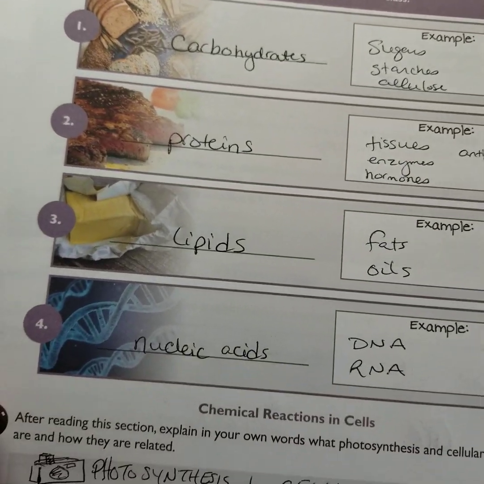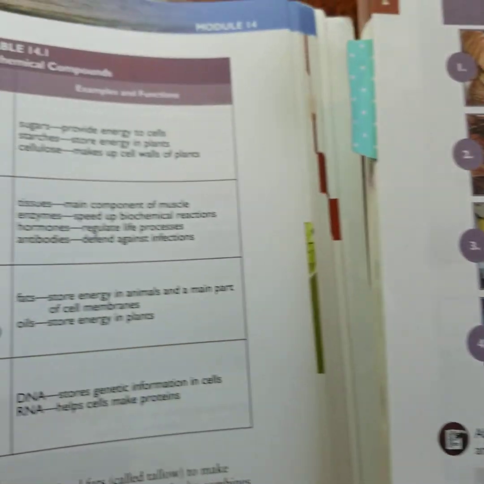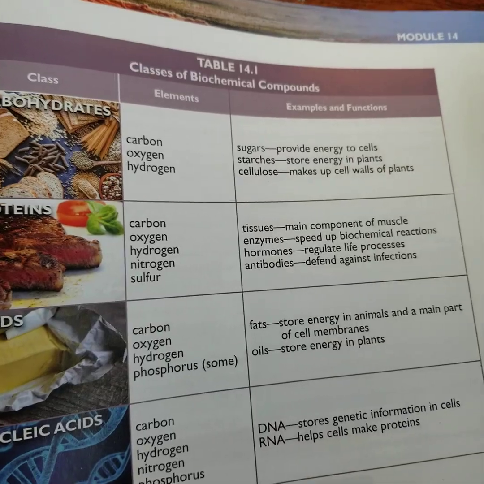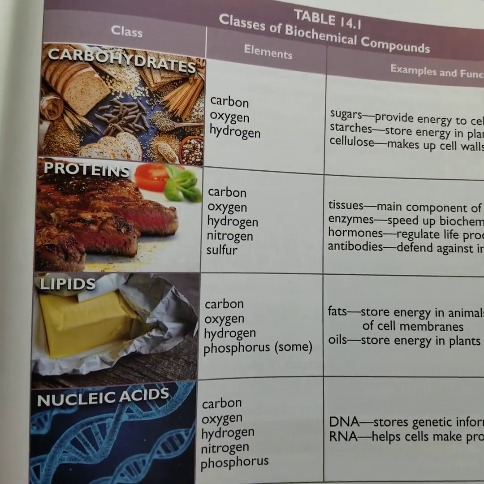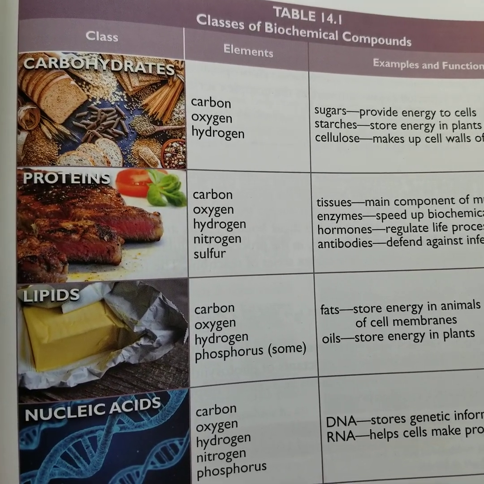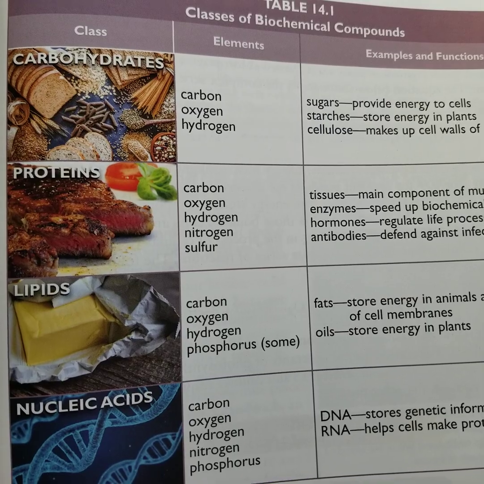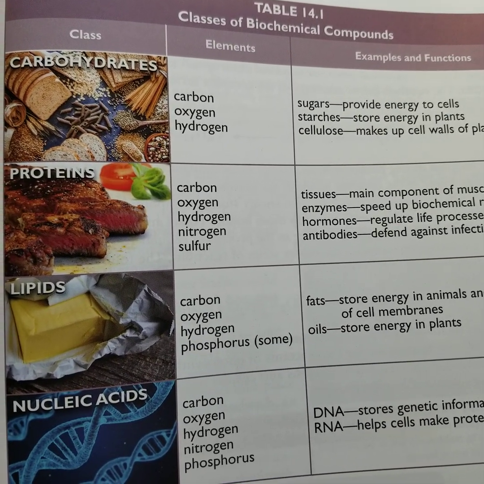All right. This one I filled out, but I'm going to show you their professional version of it because it's prettier. We're on page 505 in the text, table 14.1, and the student notebook is asking, what are the four main classes of biochemical compounds?